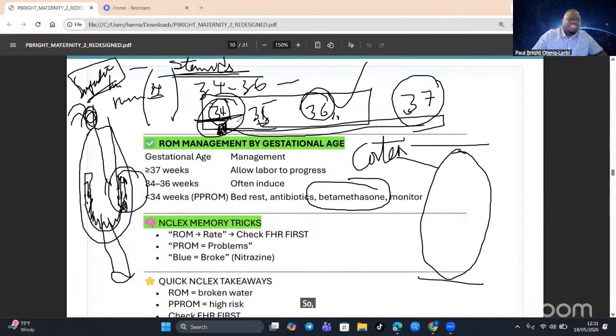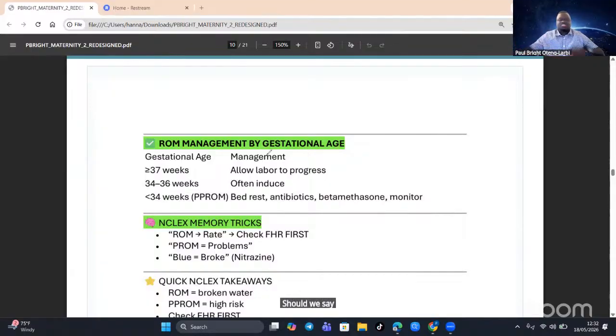So we can buy time with antibiotics and IV fluid, give the steroids to mature the surfactant quickly, then at 36 to 37 weeks, we deliver the baby. So it's a cascade of care. Then you monitor this baby.